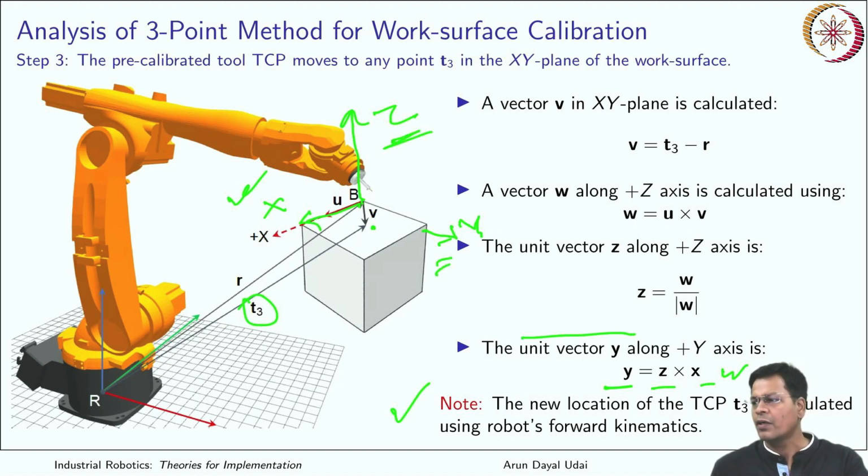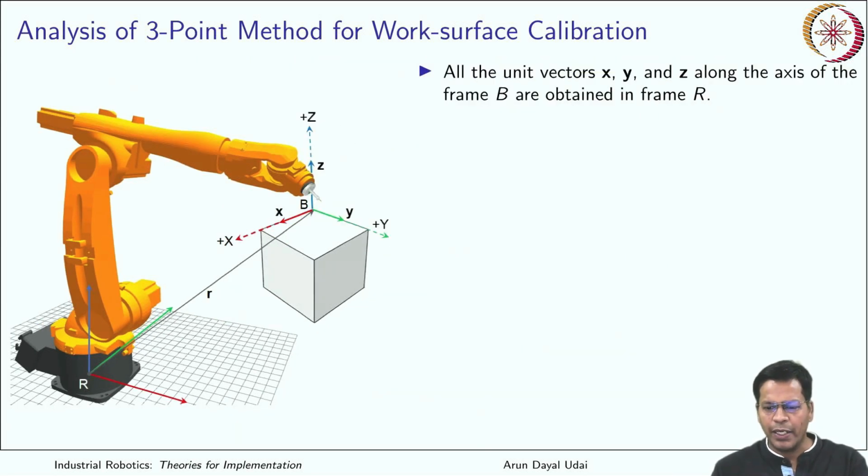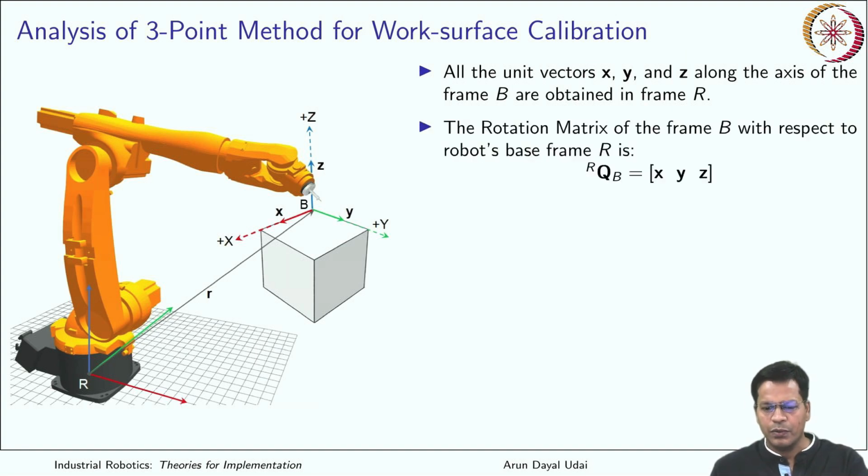So all three unit vectors, aligned along the x, y and z axes of your work surface frame, are now known. And you also know r. This r you got to know at the first instant when the TCP was brushed over here. So r is known, and the x, y, z vectors are known.